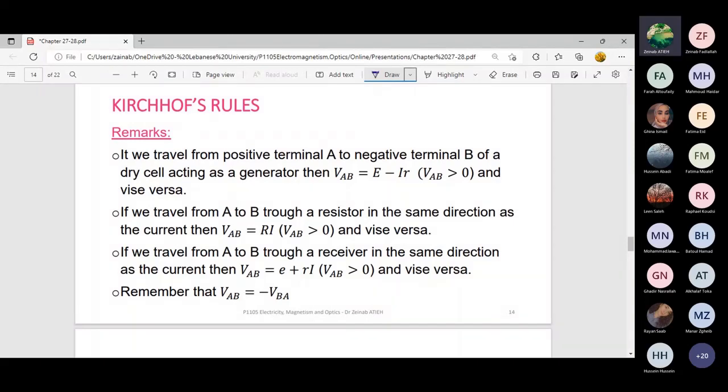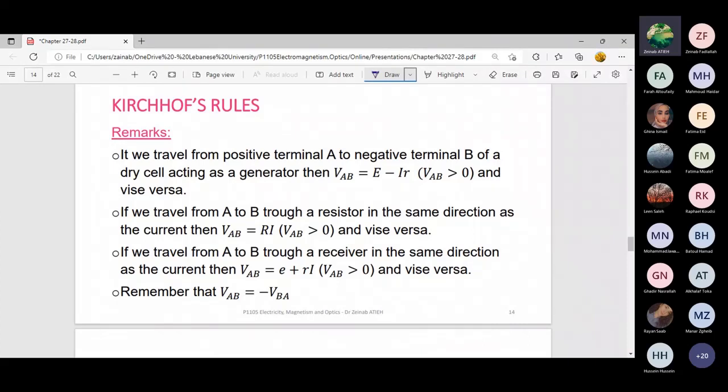Anyway, I will encounter three types of electrical components: generators, receivers, and resistors. So I have to make sure how I move through the generator. I follow a certain method. You may use the same method that I use, or you can use your own method. If you understand it, it will come back to you. If I have a generator and I'm moving along the wires, this is okay.